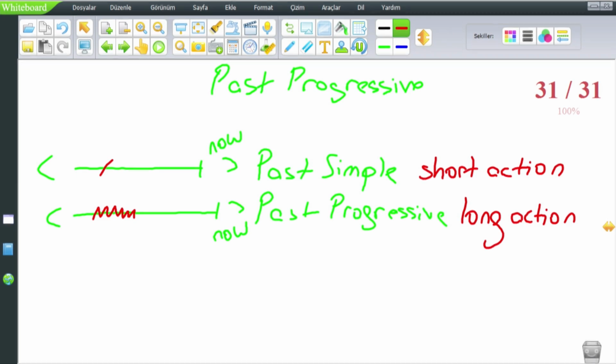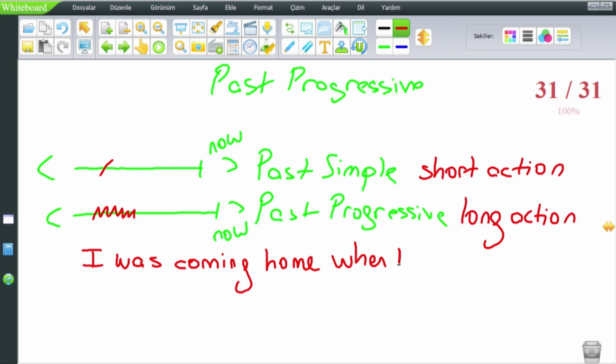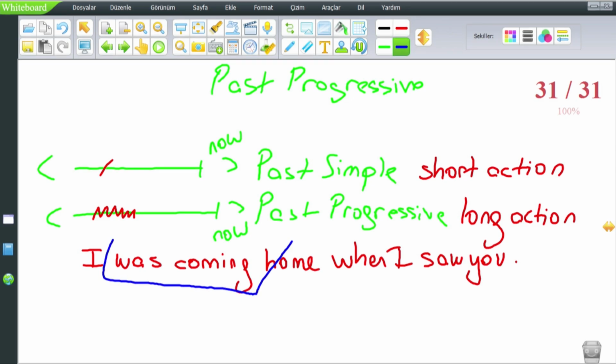For example, I was coming home when I saw you. This is our long action. I was coming home. When I saw you, this is the short action.